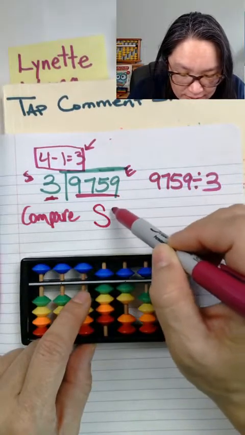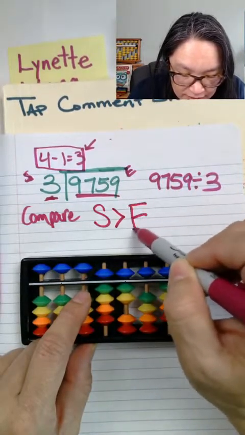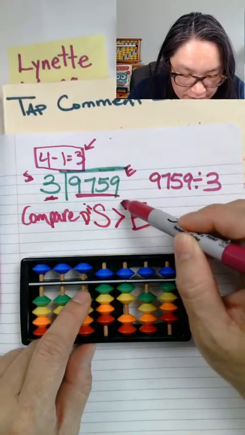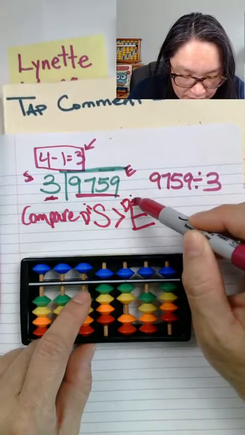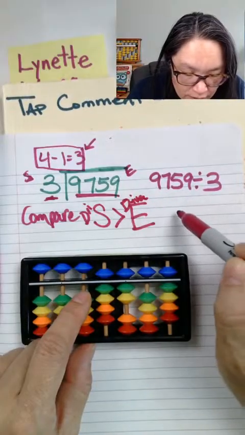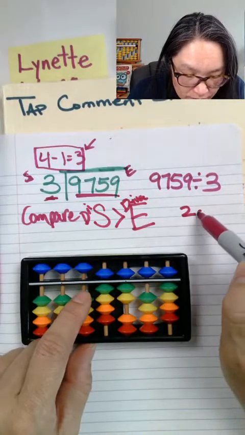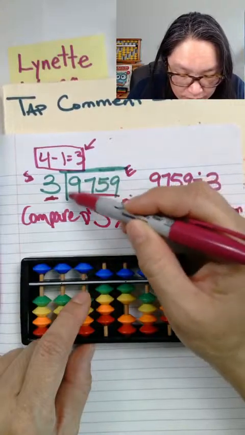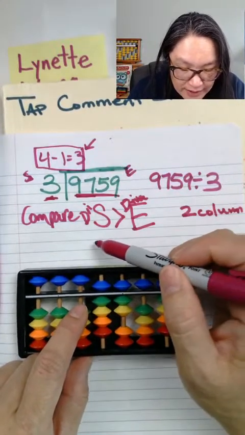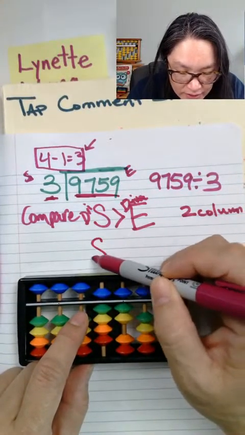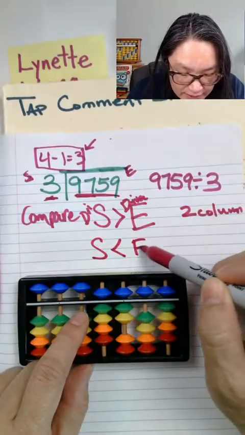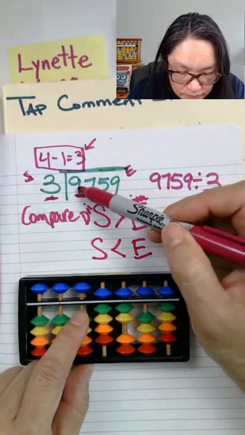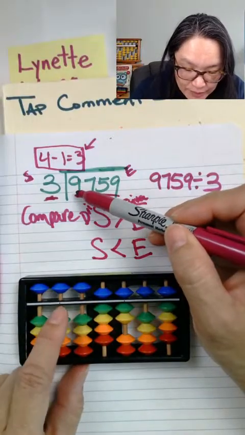If the divisor is bigger than the dividend, then you take 2 columns, these 2 columns. But if the divisor is smaller than the dividend, then you only do 1 column, and you have to skip this column.